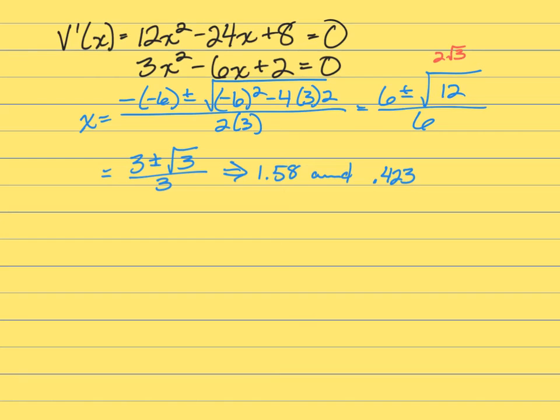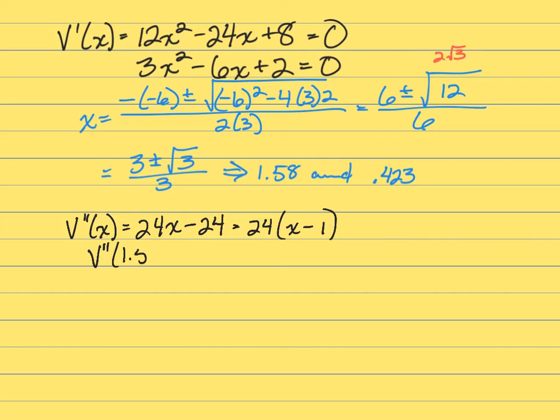So to figure out if they're maximums or minimums, probably the best thing to do is to use the second derivative test. So the second derivative would be 24x minus 24, right? There's our second derivative. And of course, remember how the second derivative test works. You plug in your critical point, 1.58, and you plug that into the second derivative, and you see what you get.